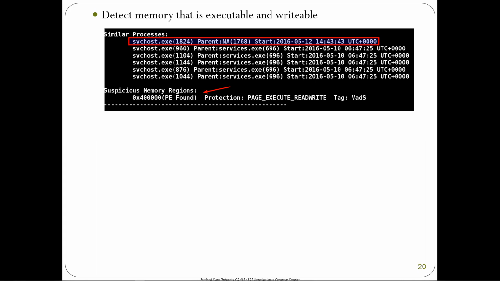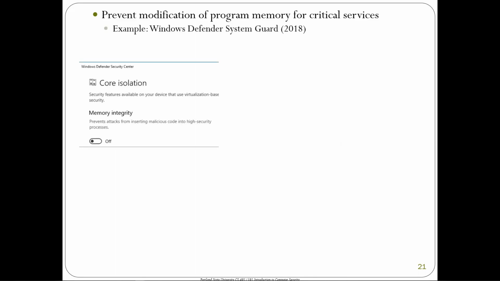Okay, so that's the monitoring approach. You could also prevent the modification of program memory for critical services. You're like, you know what? These blessed services that are allowed to run without me checking them, I have to make sure they can't be tampered with. This is what Windows Defender System Guard started doing in 2018.